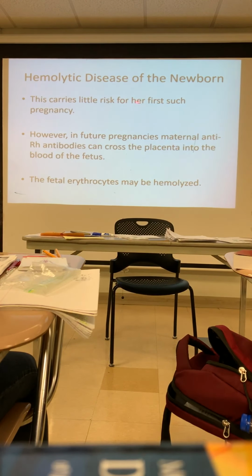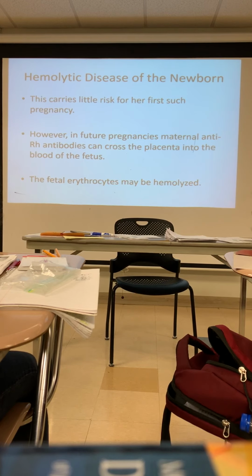So it carries little risk for the first pregnancy, but in future pregnancies, maternal anti-RH antibodies can cross the placenta to the fetus, and then usually the fetus, if it is alive, has jaundice. You know, the color of the baby when it's very yellowish. Yes, something is wrong. There is blood destruction.